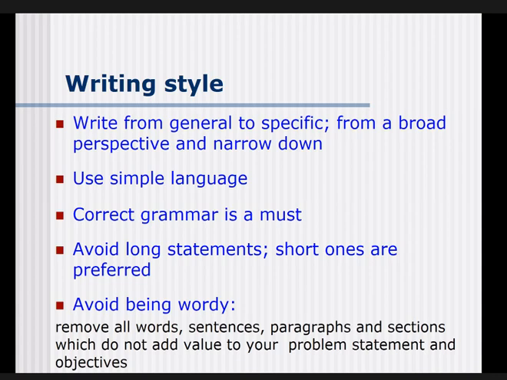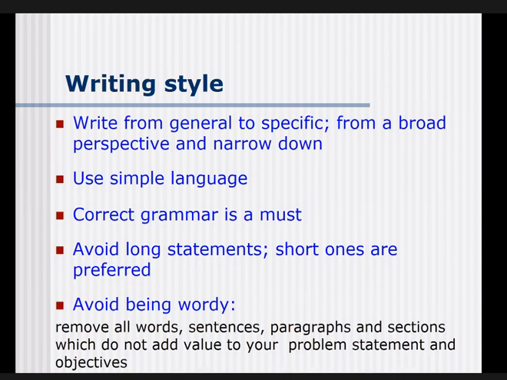You narrow down to how it is grown in the East African environment. And then you come down to how it is grown in Uganda. And then further narrow down to how it is grown in Mbale.